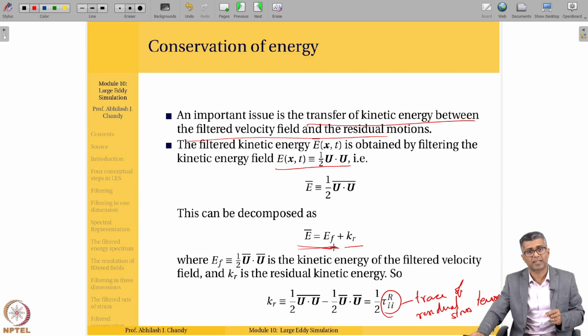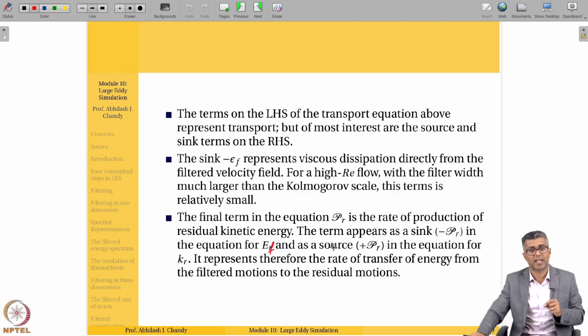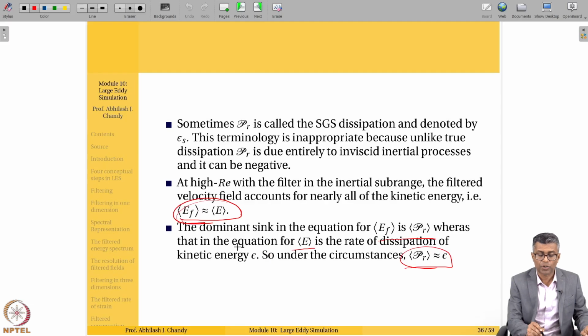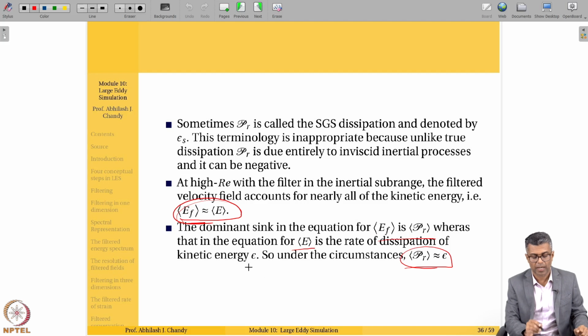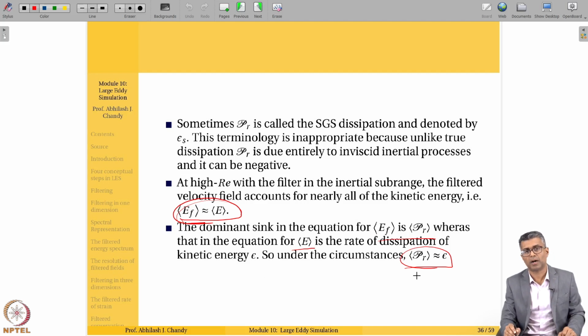Now if that is the case, the residual kinetic energy can be neglected. In that case, the dominant sink in the equation for EF is PR, whereas that in the equation for E is the rate of dissipation of the kinetic energy, epsilon. So under those circumstances, basically PR, the production term, is equal to the dissipation.